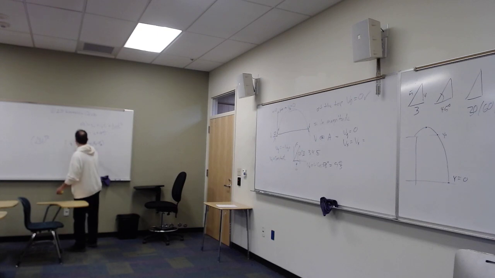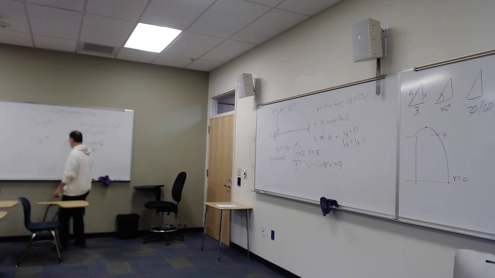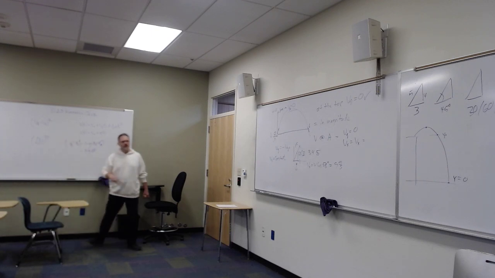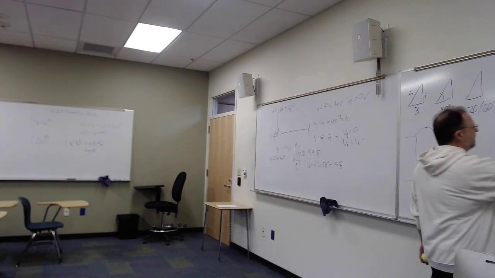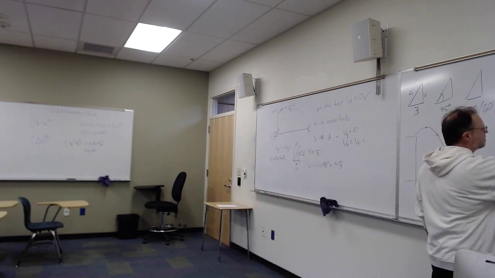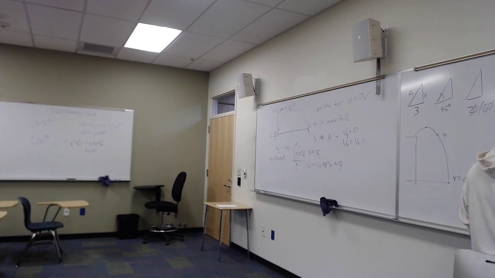Okay, this is not delta v squared. Delta v squared is v final minus v initial squared. Okay, so our third kinematic equation is v final squared minus v initial squared is equal to 2g delta x.